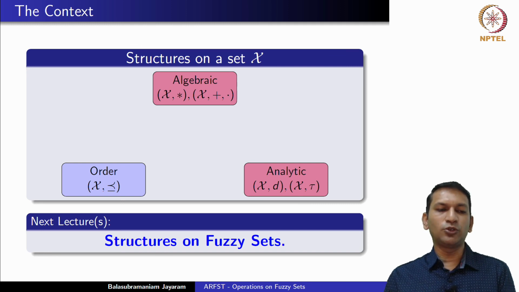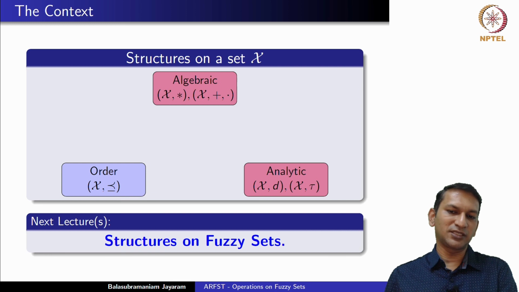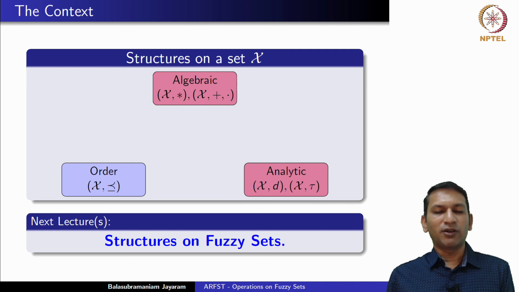A set X with a topology, which is essentially a collection of subsets of X satisfying a set of axioms. We call it a topology, and we can study the set X with respect to the set of subsets which we call topology. This we do as an analytic study. So essentially, on a given set X, we can have algebraic, relational or analytic structure.